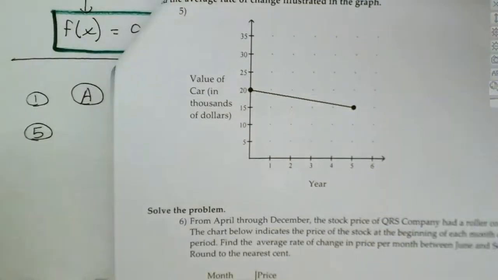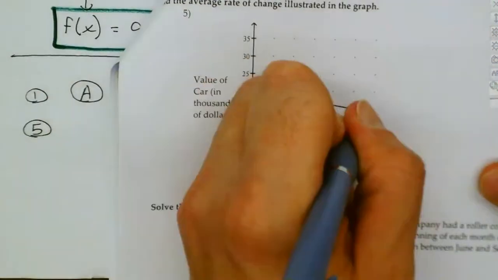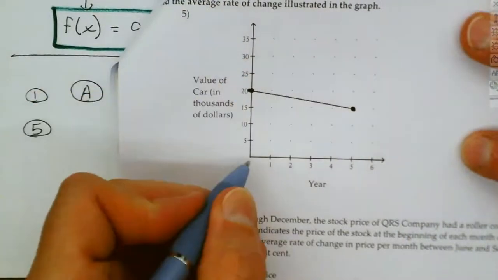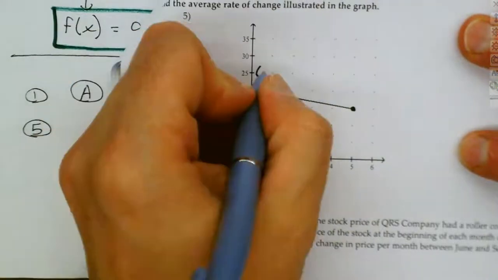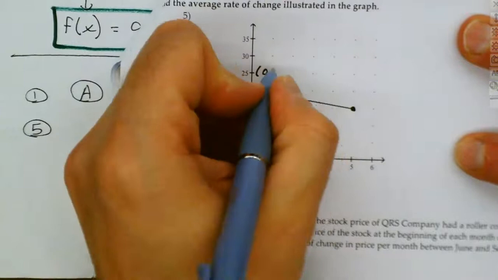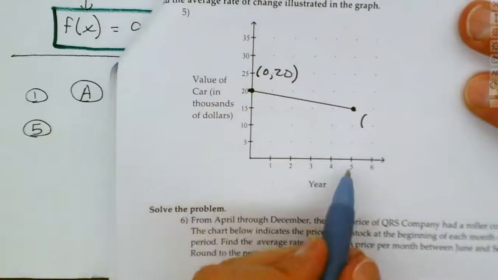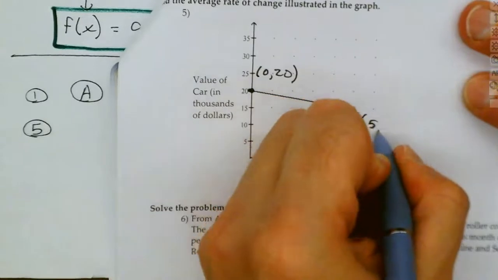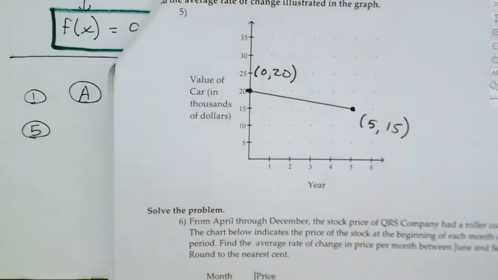Let's go ahead and find our ordered pairs. So we've got 2 points here. We're going to find ordered pairs. So if I look at this as an ordered pair, well, this is going to be at 0, 20. So there's 1 point. And let's try to find the other one. The other one is at 5, and it looks like it's at about 15, isn't it?